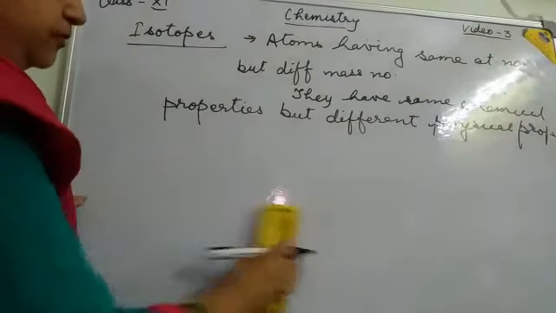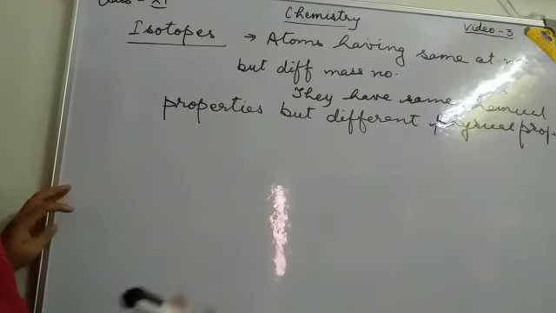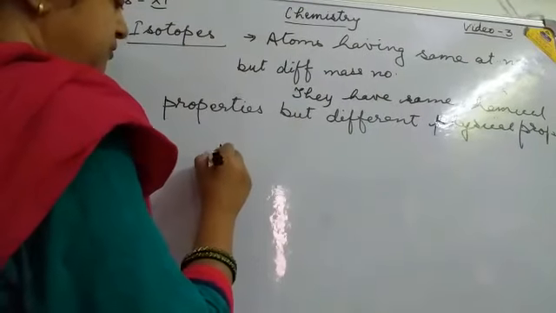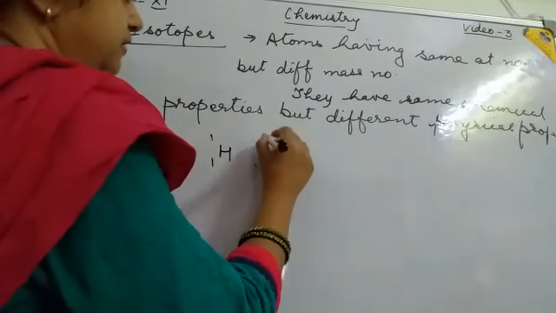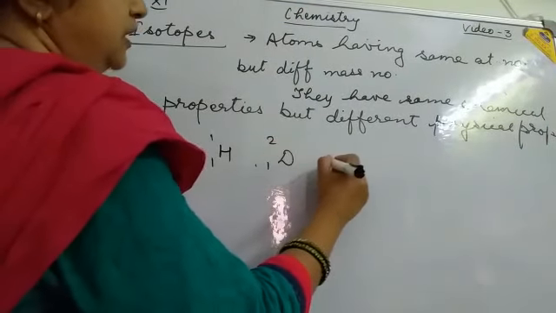Let's start from the isotopes of hydrogen. There are 3 types of hydrogen isotopes: protium, deuterium, and tritium.